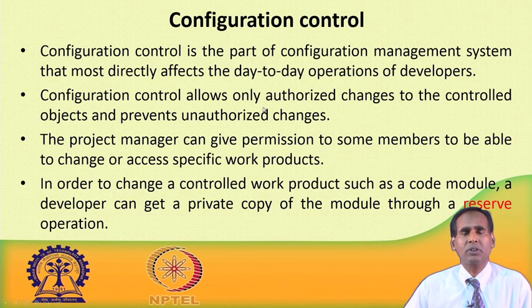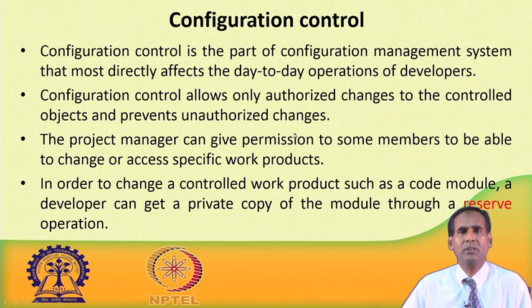Those persons who have been authorized might be a project steering committee or the project manager. It allows only the changes made by authorized persons to the control objects, and it prevents any unauthorized changes. Anybody else cannot make changes. They have to get permission either from the project manager or from the steering committee.